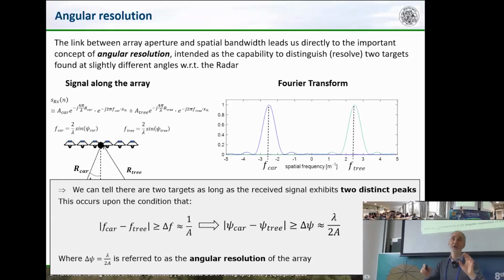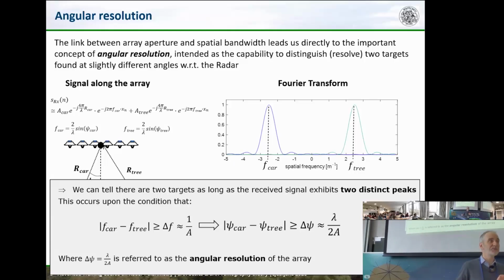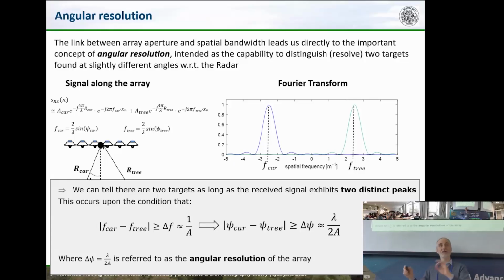Exactly, notice please, I am repeating exactly the same reasoning that I followed for range resolution. So as long as we see two peaks and not a single one, we can know that there are two targets and not just one.